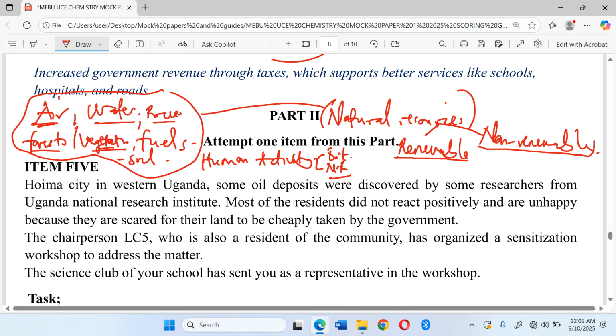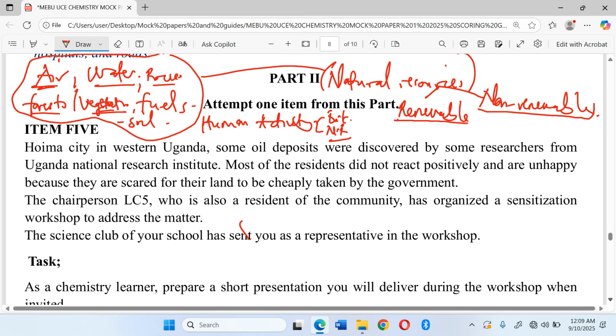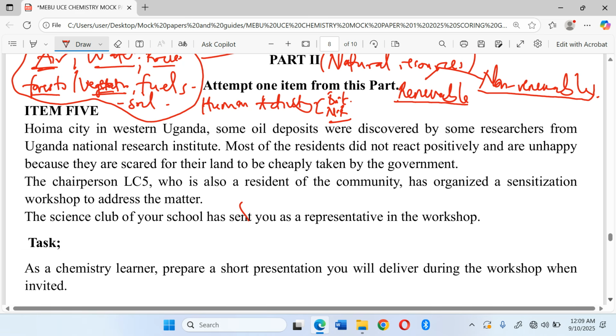Let's read very fast this item 5, and we identify the natural resource which is being affected. We also identify the human activity that is affecting the natural resource. I believe it is very clear, and we can go through it. You can try it out first, and then later, when you look at solutions, you can be able to score yourself.